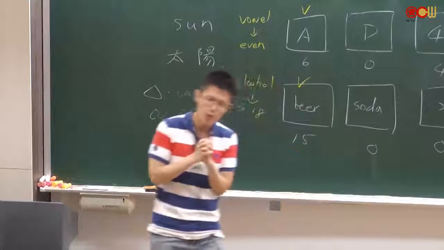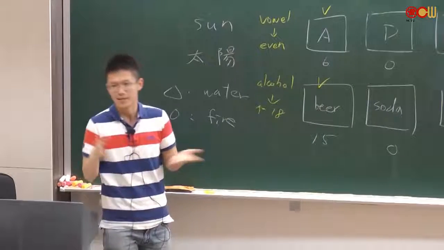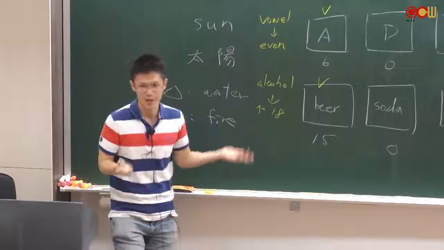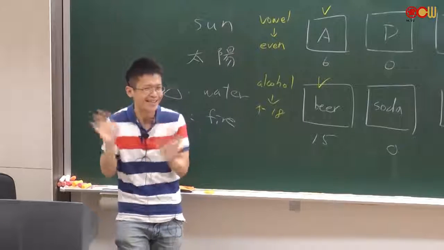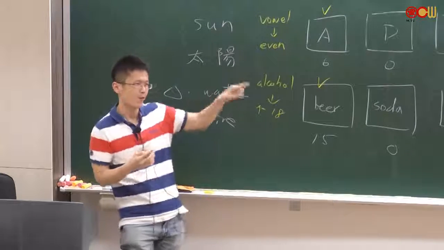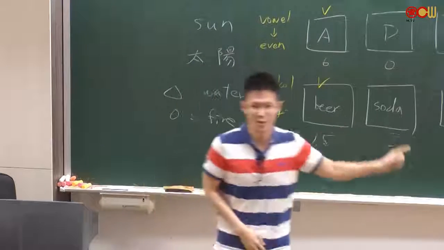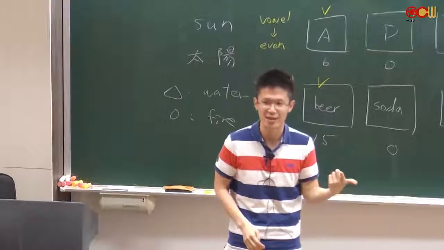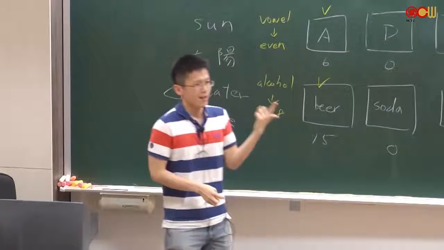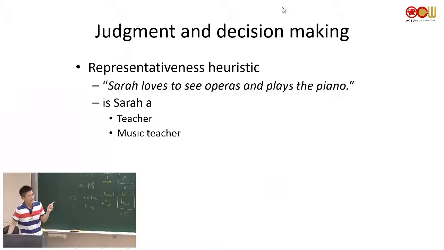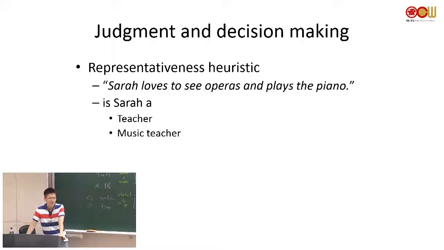Okay, so most people will choose music teacher. Yeah. She could be neither. But if I just want you to guess, and you have to guess from one of the two. Actually, the point is not the answer. The point is how you make the decision. Because if you think about this in terms of probability, supposedly a safer answer should be teacher, because a music teacher is also a teacher.